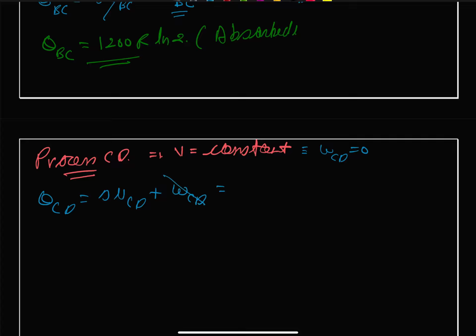So this comes as simply our change in internal energy. So we can write this as n Cv delta T. So the number of moles is 2, Cv is 3 by 2 times R, and the temperature difference will be equal to 300 minus 600.